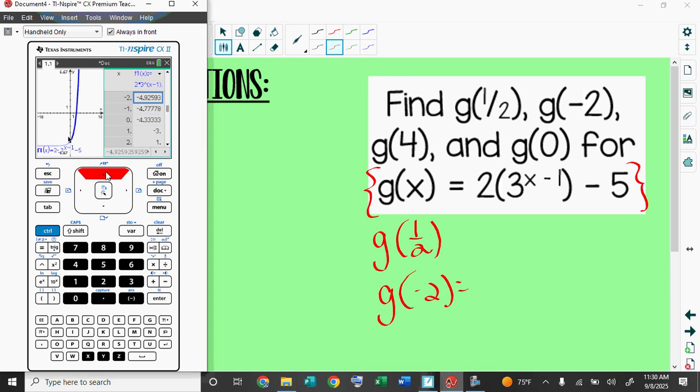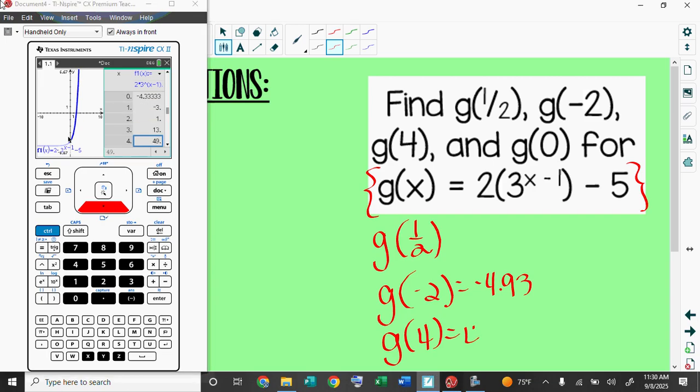I'm going to go to -2, and that is -4.9, I'm going to round to 3. And then I need g of 4. So go back down to 4, and across from 4 is 49. And then g of 0 is -4.3 with bar over.